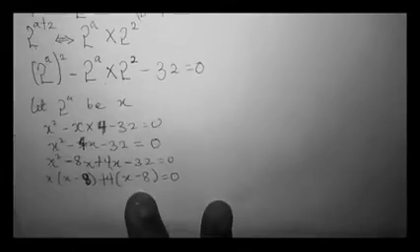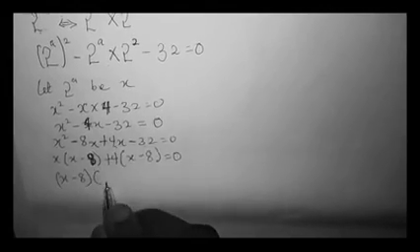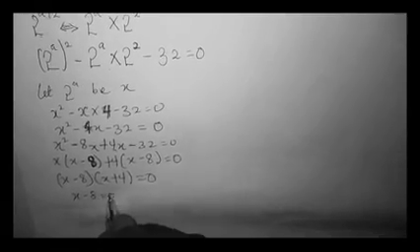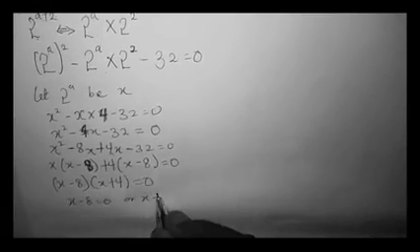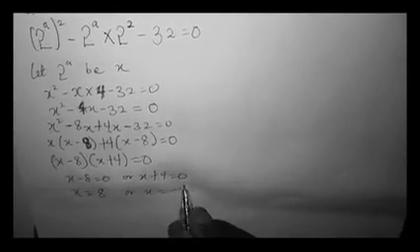And that will be x minus 8 and x plus 4 equals 0. So you know that x minus 8 equals 0 or x plus 4 equals 0. Then you have x equals 8 or x equals minus 4.